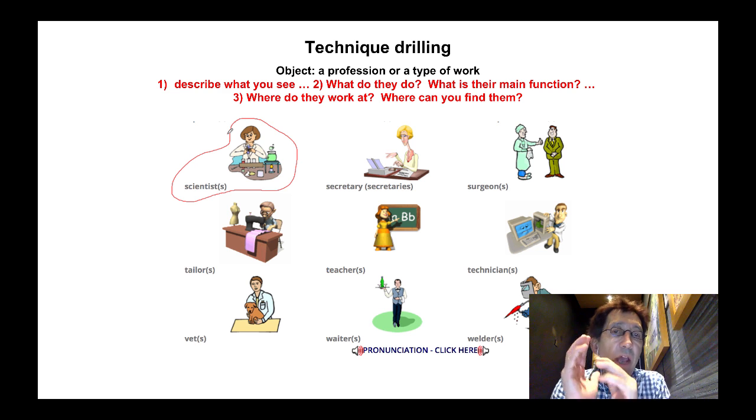It's going to be a profession, a type of work. As an example, there's a scientist. First, describe what you see in the picture. Number two, what is the main function of the scientist? Number three, where does the scientist work?